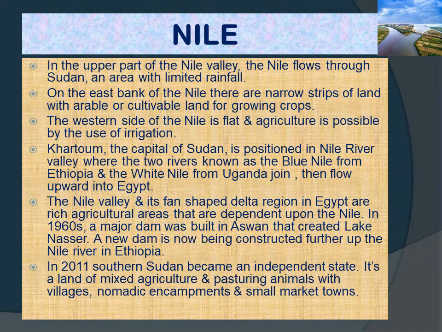A new dam is now being constructed further up the Nile River in Ethiopia. In 2011, Southern Sudan became an independent state. It's a land of mixed agriculture and pasturing animals with villages, nomadic encampments, and small market towns.